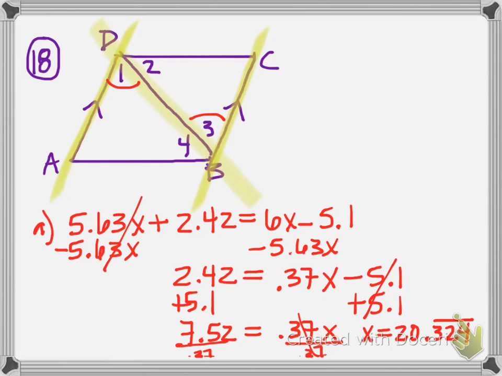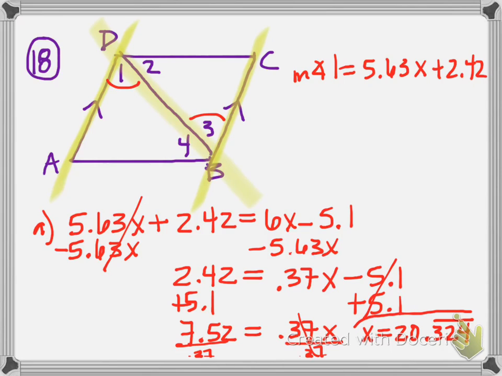So now for part A, to finish it up, we're supposed to evaluate the measure of angle 1. Well, angle 1 was equal to 5.63 times x plus 2.42. Probably going to need your calculator here.